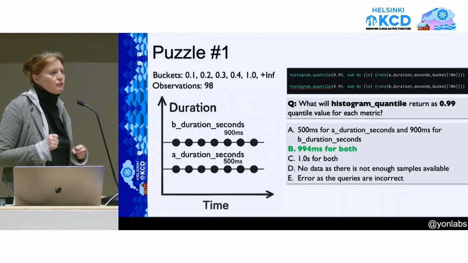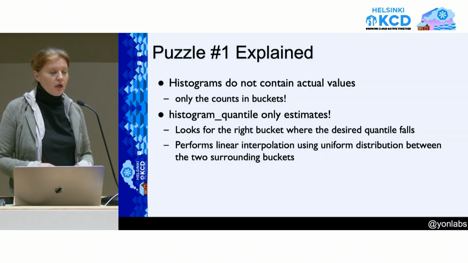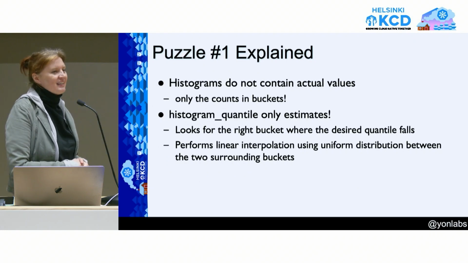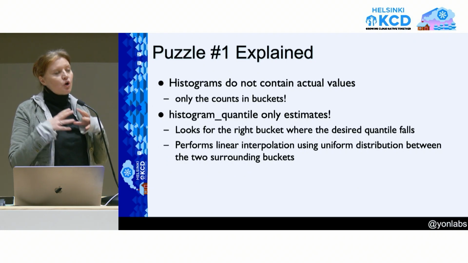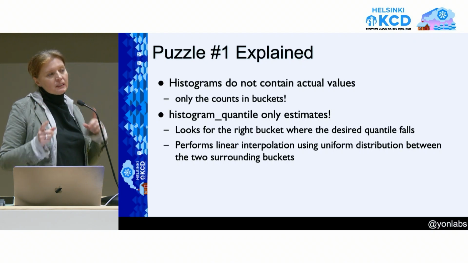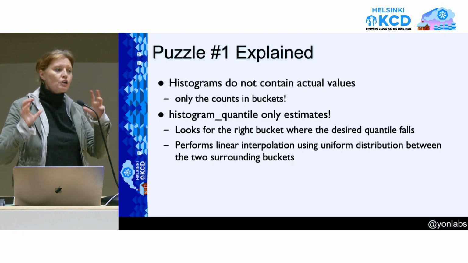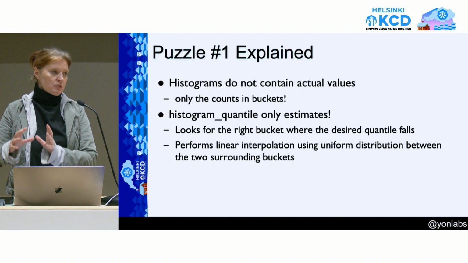That's 994 for both. Why? Exactly. So congrats to you, because those two histograms are exactly the same. We need to keep in mind that histograms do not contain actual values. Those are only counts in buckets.